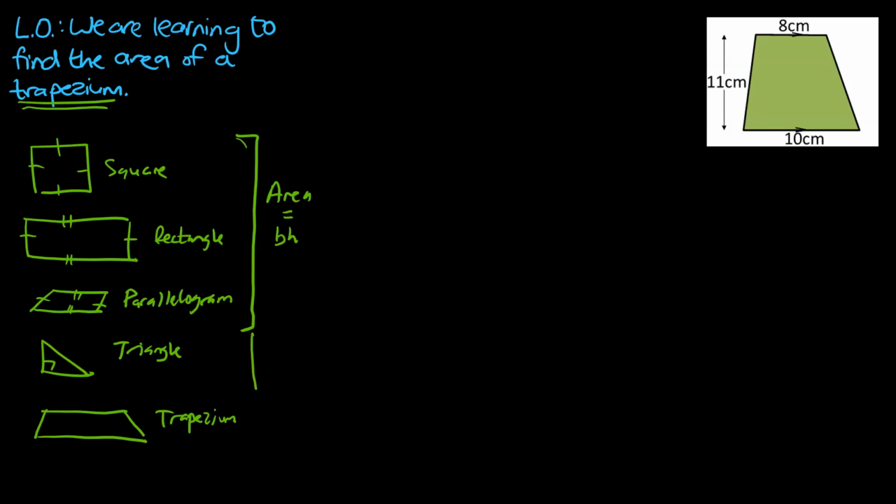For the triangle, the area is equal to 1/2 of base times height. Today's formula will be the most complicated of all, and I'll write it down at the top. The area of a trapezium is equal to (A plus B) divided by 2, times height. And we can see that's a lot more complicated than the two formulas we've been given.